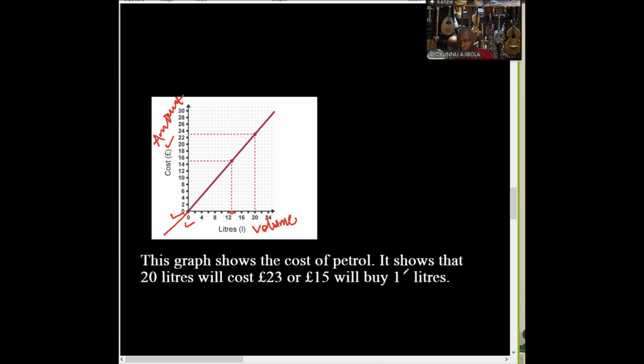If you want to buy 15 liters, that's below 16, then you're going to pay something, not even 10, 12, 14. Then this should be 13.